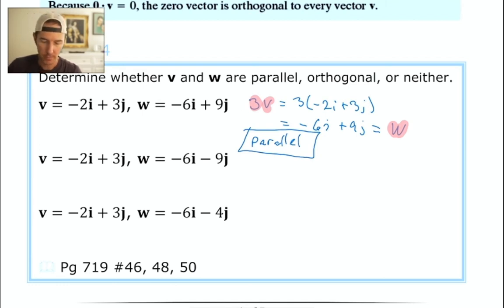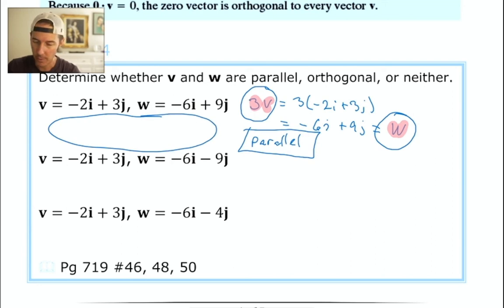So it might be to your advantage to write down some other information over here in your own words that reminds you later that since we were able to take one of the vectors and multiply it by a number and get the other vector, since we were able to do that, we know the vectors are parallel. Okay, in your own words, put something down right over here.